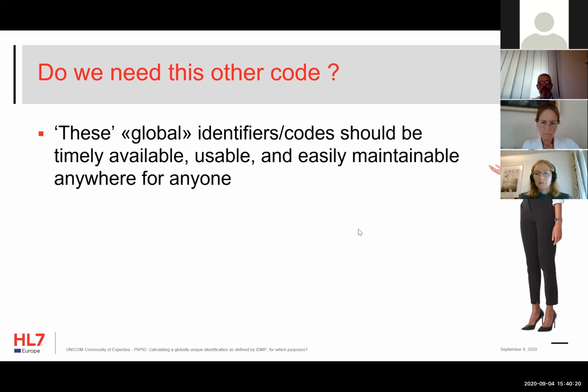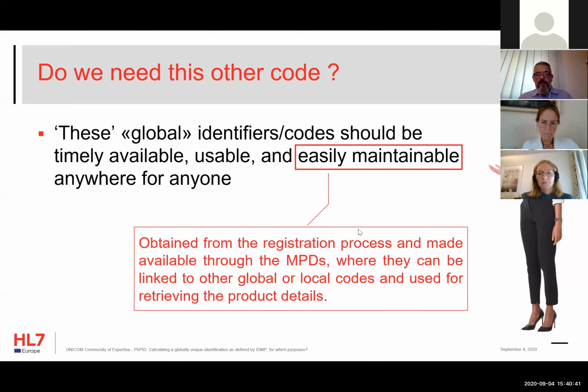It should be usable anywhere, by anyone, freely usable, I would say. And it should also be easily maintainable, meaning that it should not cost the organization a complex mapping exercise or ex-post reconciliation.